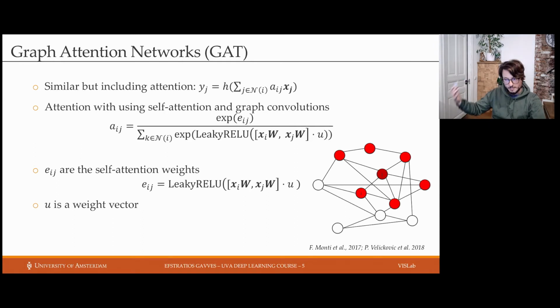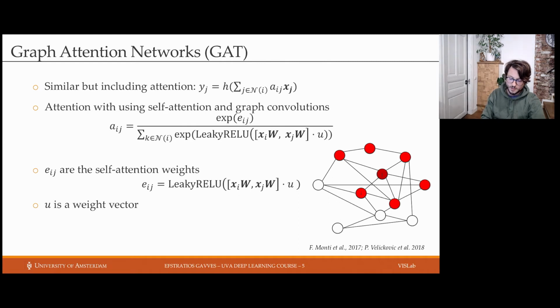This also means that we've got no sense of directionality, where our weights are shared across edges. So in order to account for different types of weights, graph attention networks can help there.